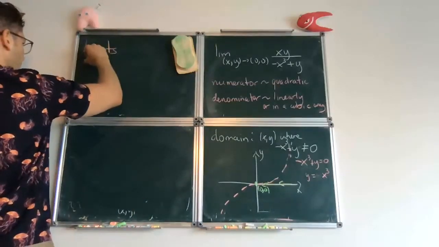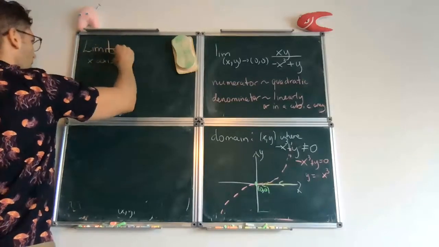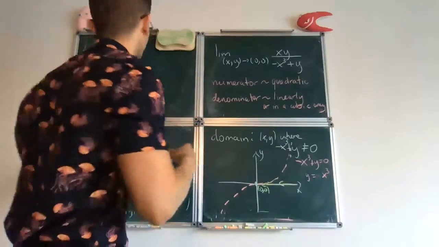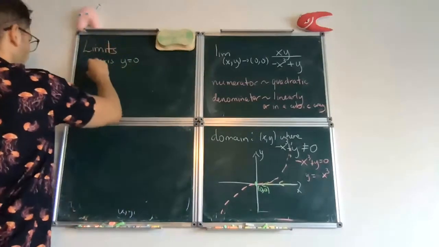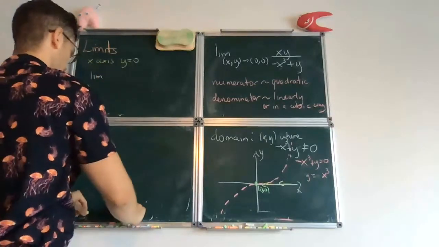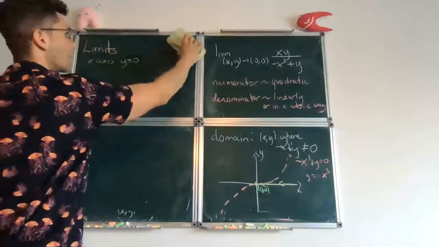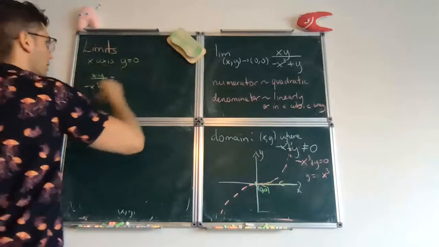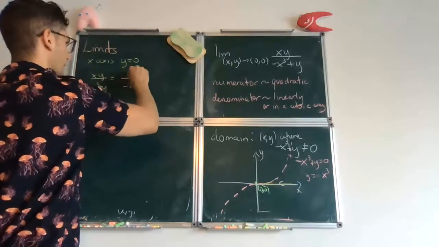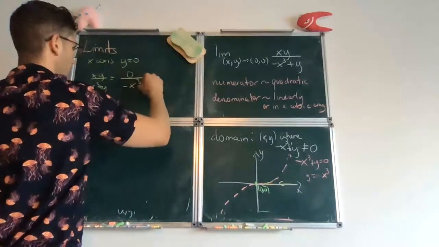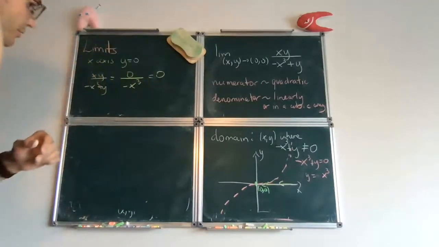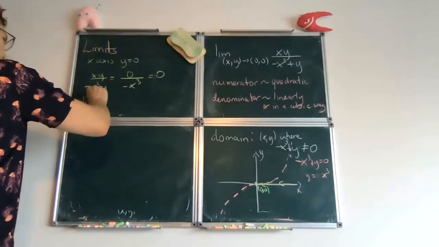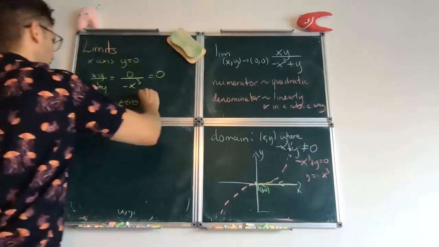The x-axis means that y equals 0, and if you put y equals 0 in this expression, xy over x cubed plus y becomes 0 over x cubed, and that just becomes 0. So if you move along the x-axis, the limit will be 0.